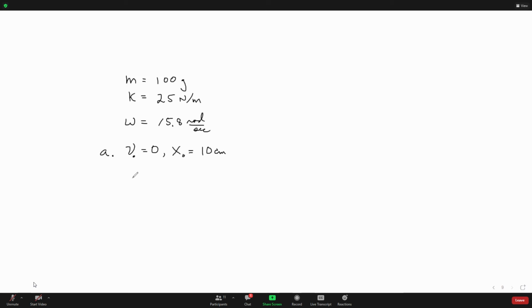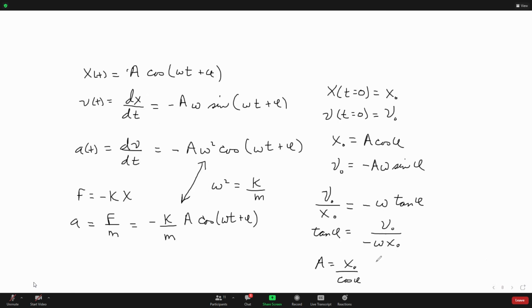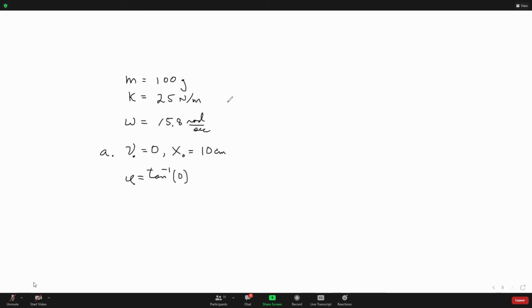Well, we know that phi is going to be the arctangent of 0, because the tangent of phi is v0 over omega x0, so that's the tangent of 0. What's the arctangent of 0? Must be 0. So that means that phi is 0 degrees.